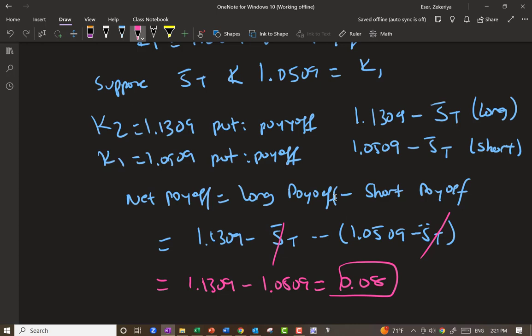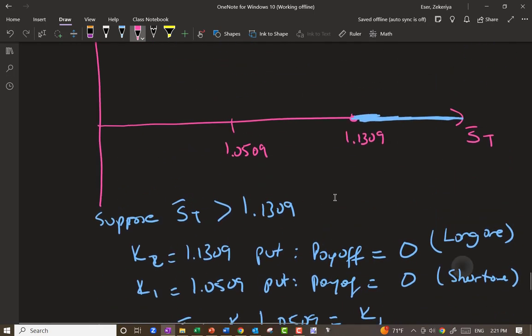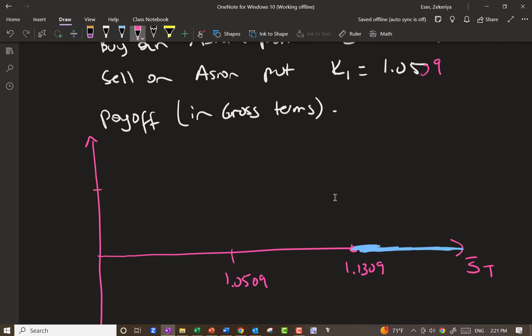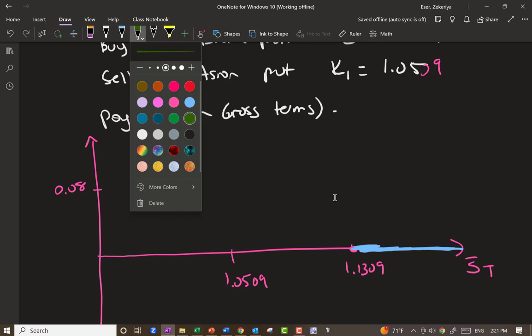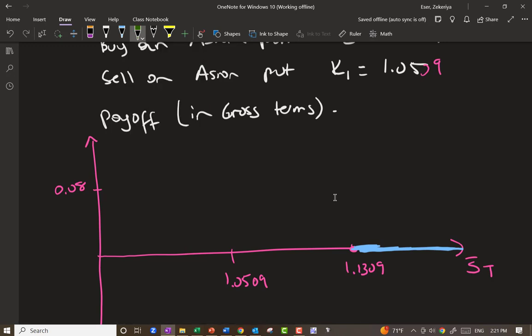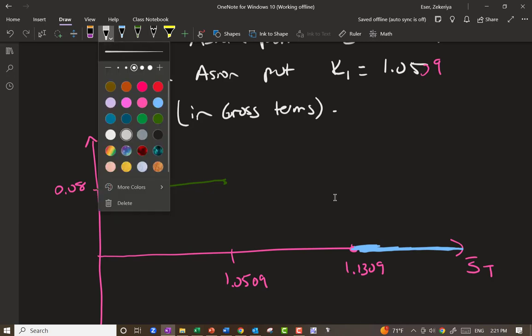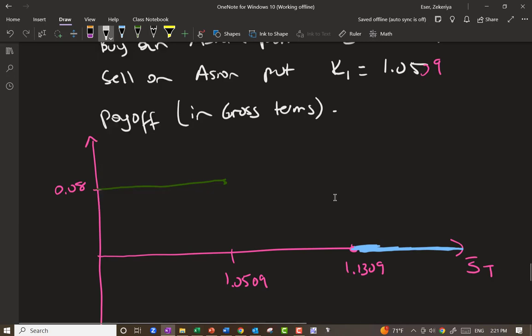This is 0.08 per unit, per euro. So let's call it 0.08, and I'm going to make that dark green. Oops, I'm sorry, wrong place. And you probably guessed that it's going to be like that.